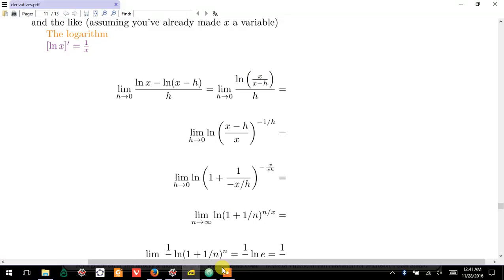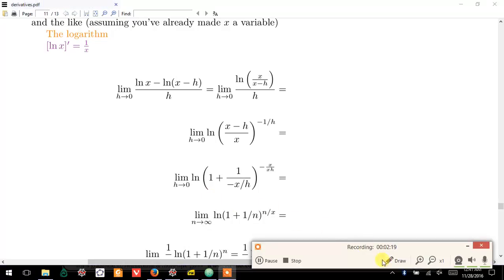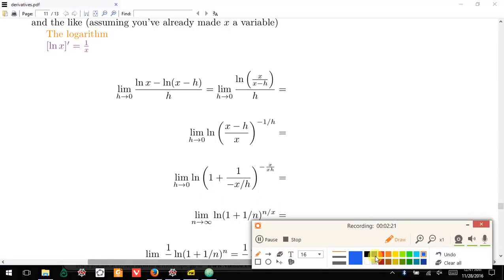Now, the next thing that I start to think about is, I know that I've got ln here, and I know that it is the inverse of e to the x, and I'm dealing with limits. And by the way, I guess I really should have put in here that the definition of e to the x is the limit. So bear with me as I write this on the screen.